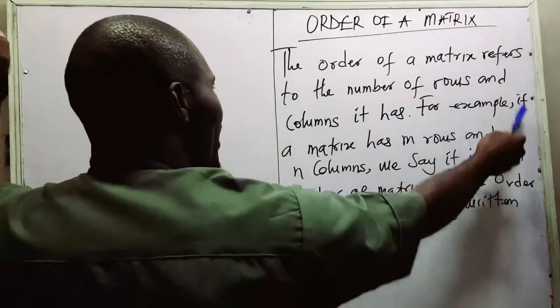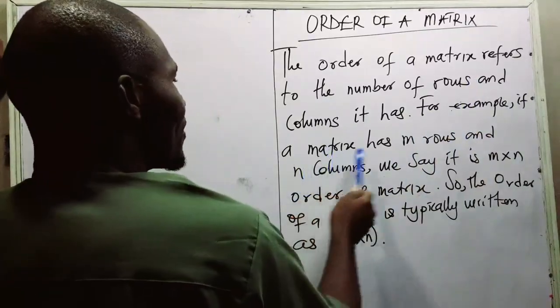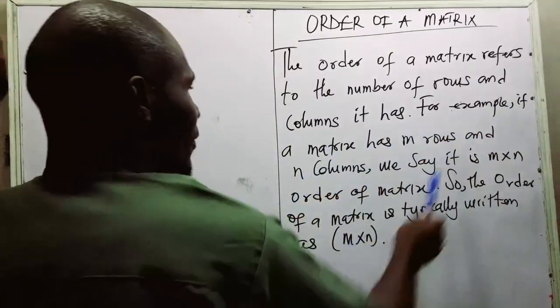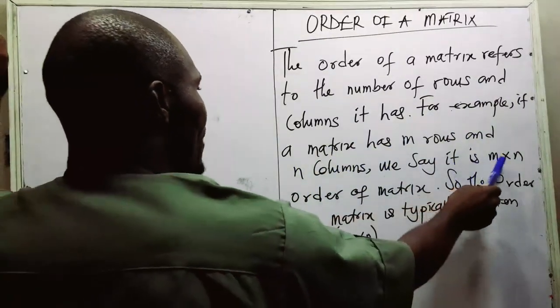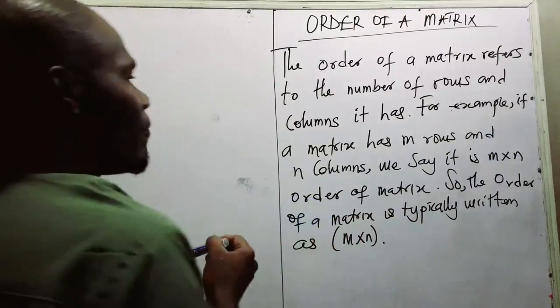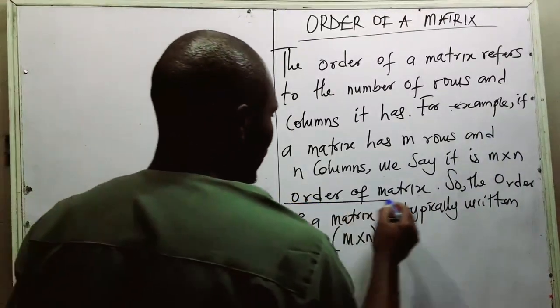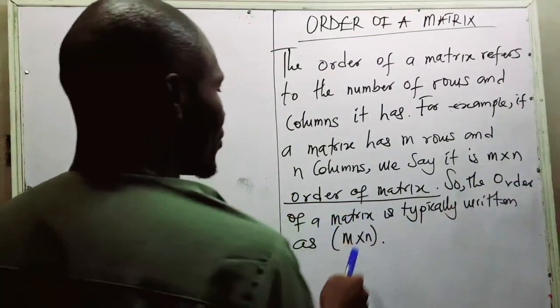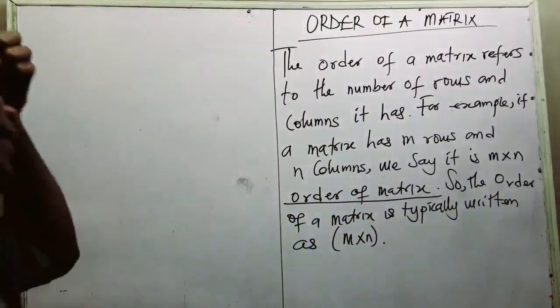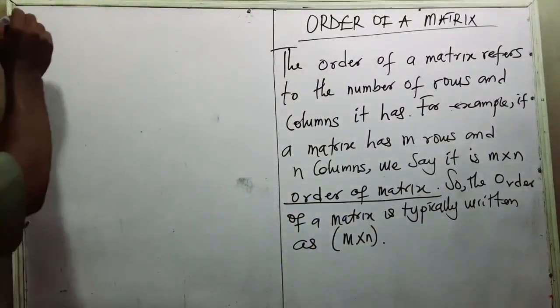For example, if a matrix has m rows and n columns, we say it is an m by n order of matrix. So the order of a matrix is typically written as m by n.